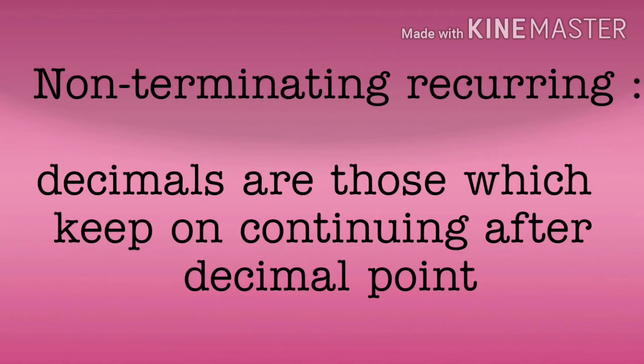Try to do it. What will you get? Your quotient is 0.3333, etc. The number after the decimal point is 3 and it continues. Keep going on.